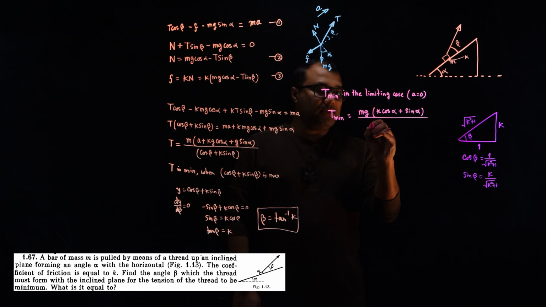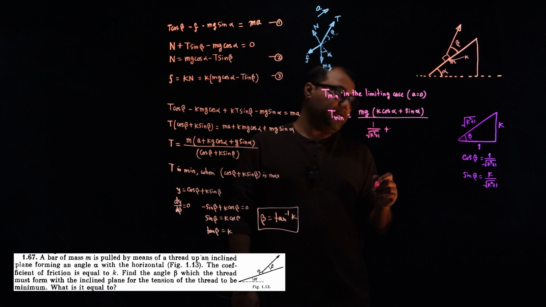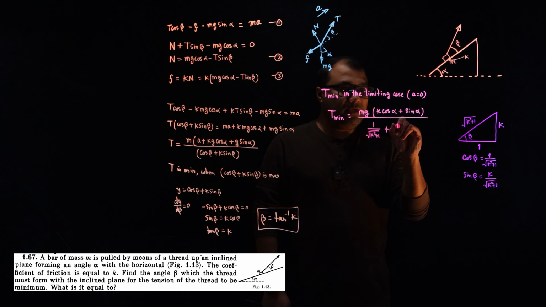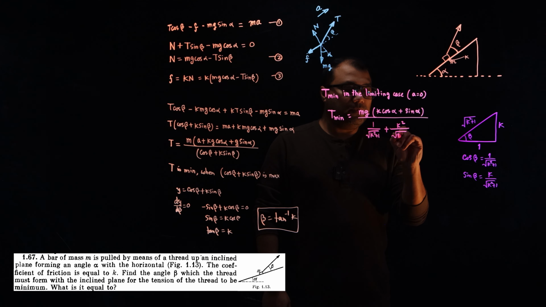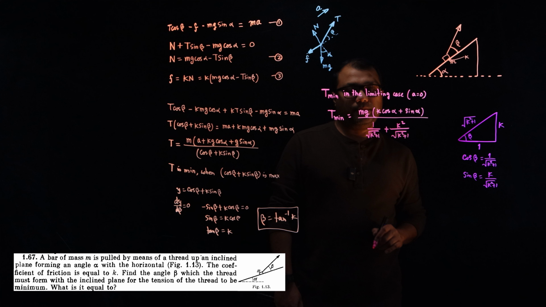So cos beta is 1 by root k square plus 1, plus k times sine beta, so k square by root k square plus 1.